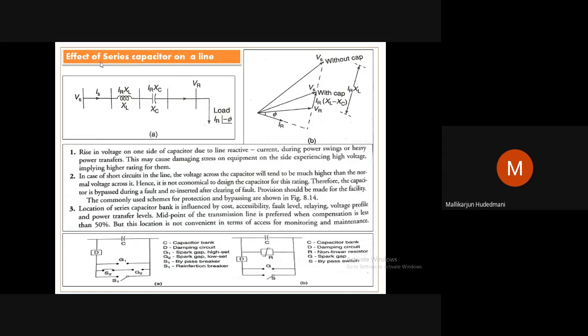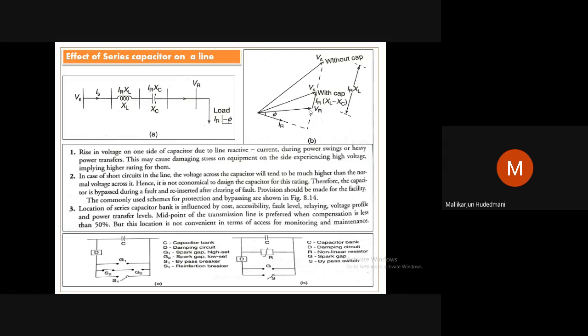Suppose we adopt a series capacitor concept, and insert a capacitor with capacitive reactance Xc. When it is inserted in series with the line, the current flowing through the capacitor causes IR into Xc as the drop.